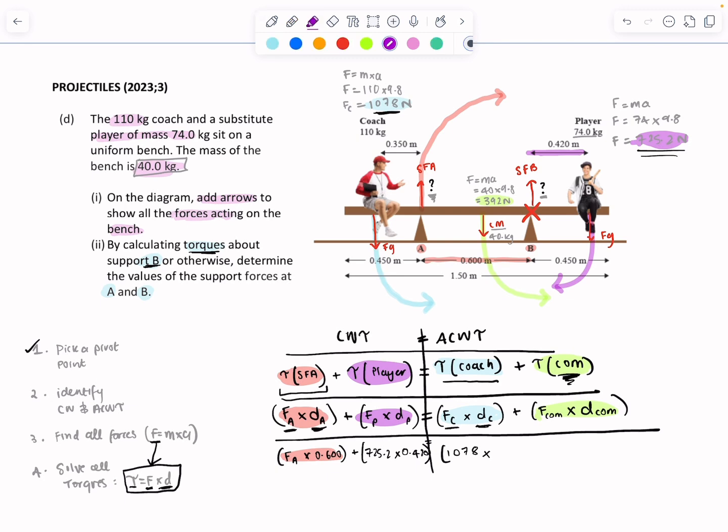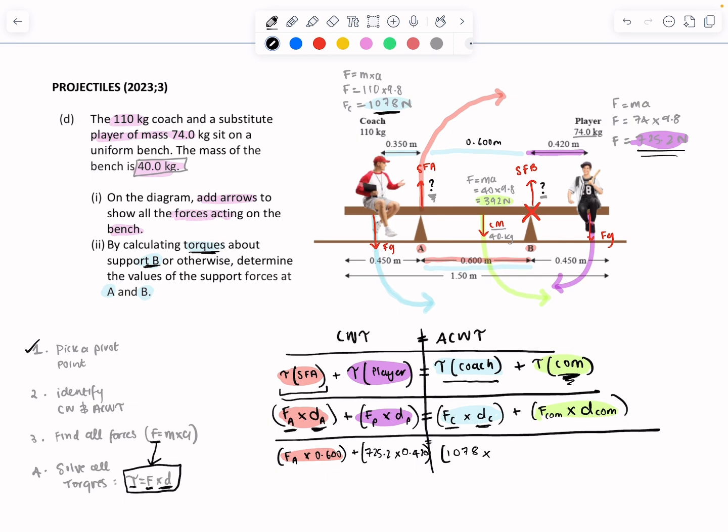We've got this distance value over here to support force A, and then what is this remaining distance to support force B? Well, we can see down here that from A to B, it is 0.6 meters, okay? So I'll rewrite that up here, 0.600 meters.